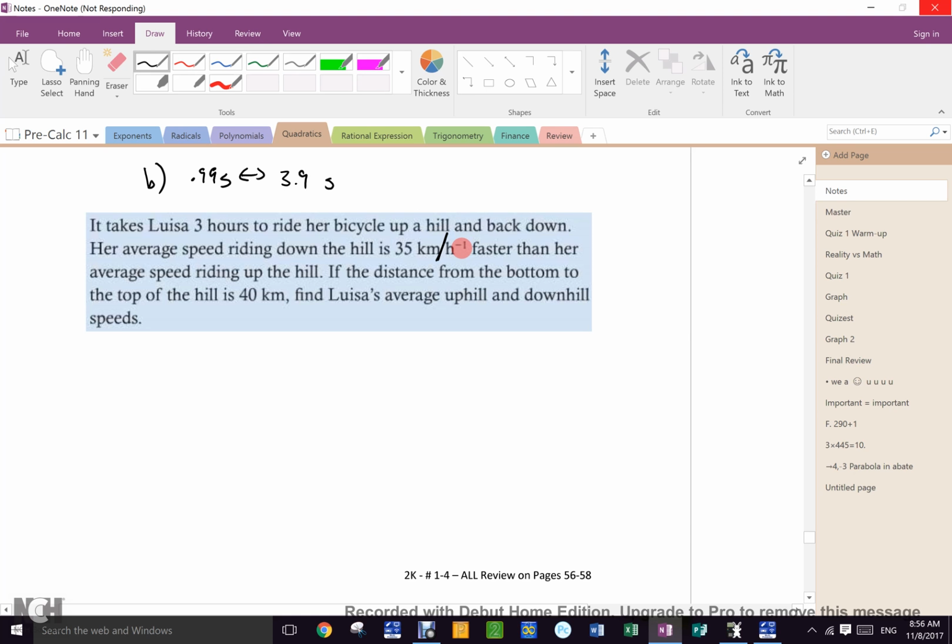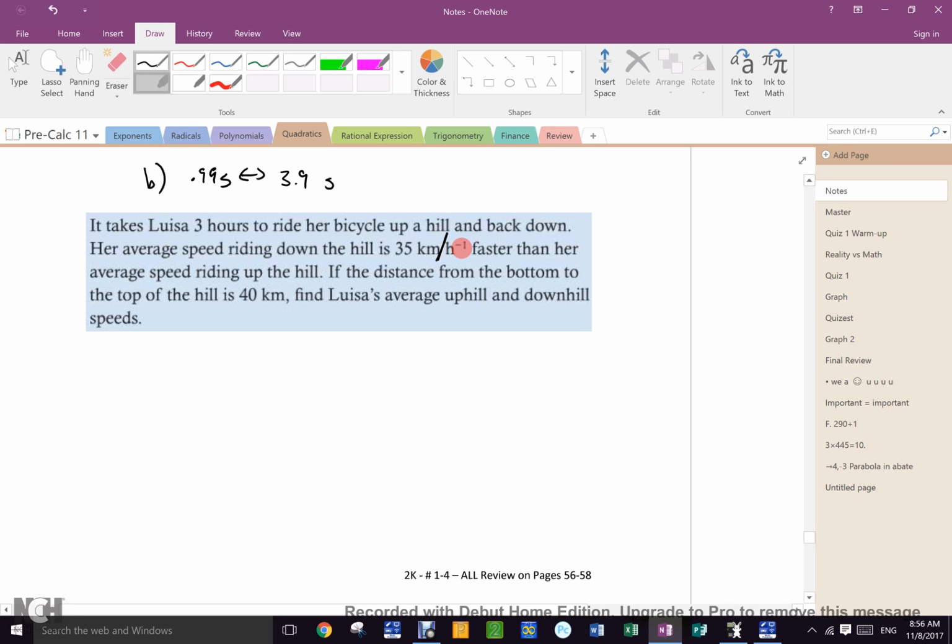What do I know about this? What is stuff that I know? Well, I got to find her uphill and downhill speed, yes? One of them, which one should X be?